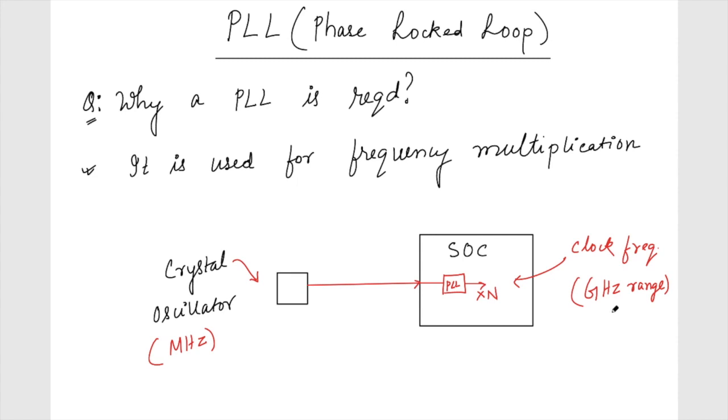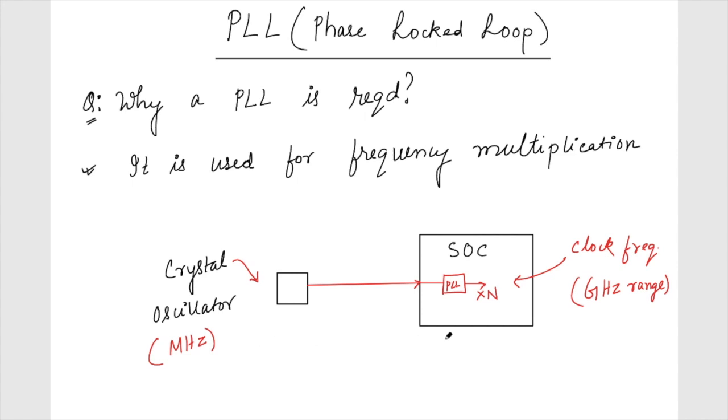get a gigahertz clock directly? The reason is that the crystal oscillator generally operates in the megahertz range. This is one of the main reasons. And of course, we can also design an oscillator inside the SoC itself. But the problem is with the purity of the frequency. The frequency is noisy, whereas the frequency generated by a crystal is very pure, just like the crystal we use in watches.